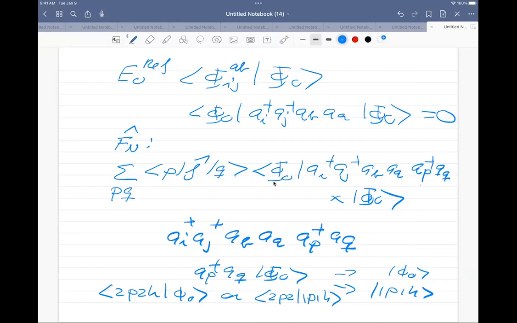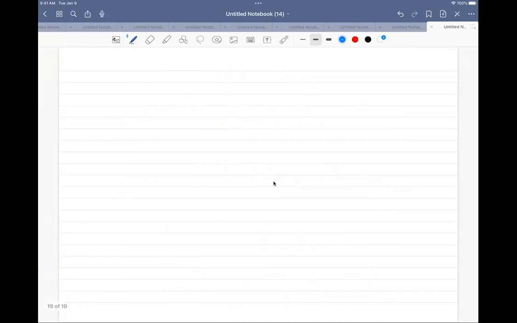So if you then go to the two body operator, we would have something which looks like this. So we would have 1 divided by 4, the sum over PQRS, and then I have the antisymmetrized matrix element <PQ|V|RS>.